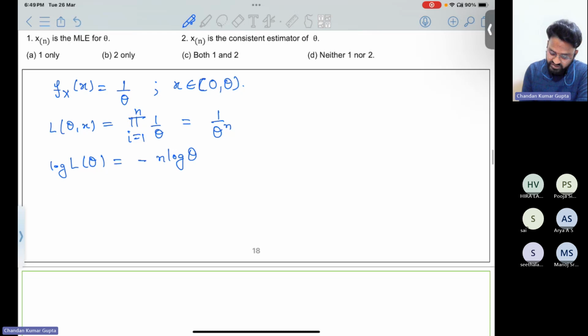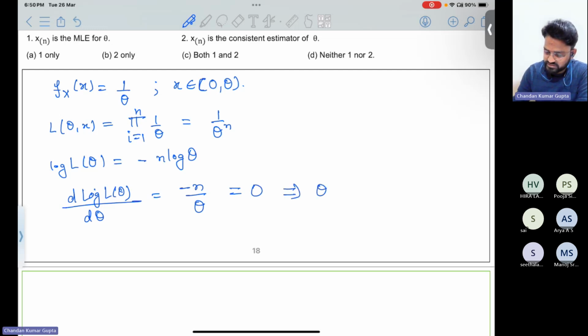Okay. Now differentiate this log of L(theta) with respect to theta. We will get minus n upon theta and equate it to 0. From here we get theta equal to minus n upon 0.